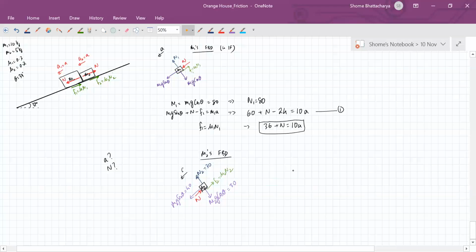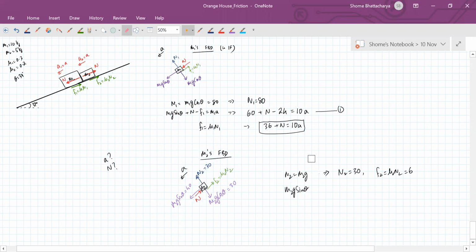So we have N2 is equal to m2g cos theta. So that is telling us that N2 is equal to 30 newtons. So that is also telling us that friction is mu2 N2. So the friction acting is 0.2 into 30, so that is 6 newtons. Now the second thing is m2g sin theta. Sorry, this is cos theta.